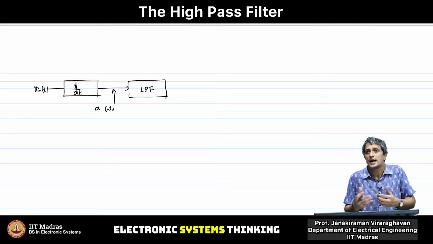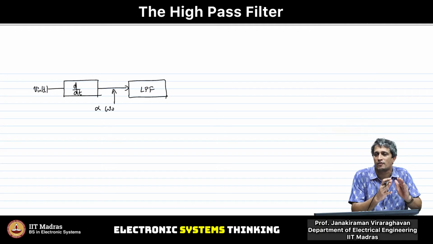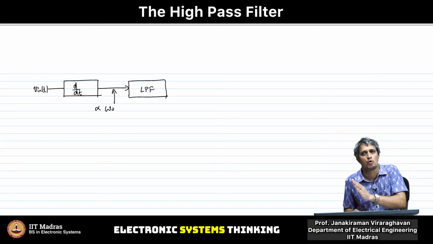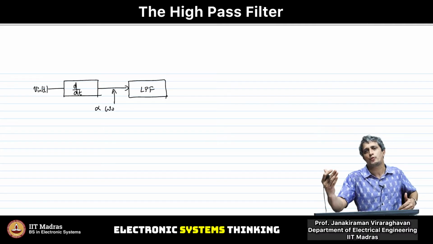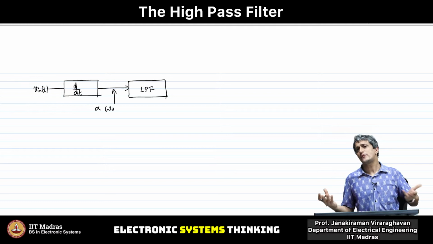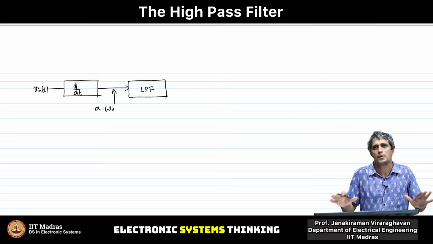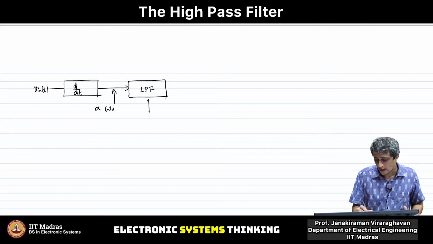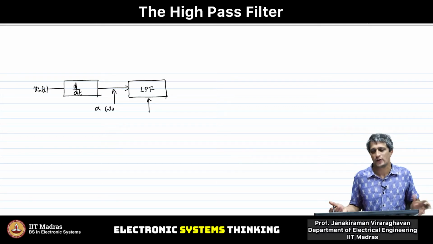And which means that now, compared to the low pass filter case itself, where V in of t was being given to the low pass filter, we are now amplifying the input proportional to the frequency and giving it to the low pass filter, and then the low pass filter is still doing its own job of filtering that signal that's coming in, right? This low pass filter doesn't know that it's coming from a derivative or whatever, right? It is going to filter that signal just like a low pass filter.